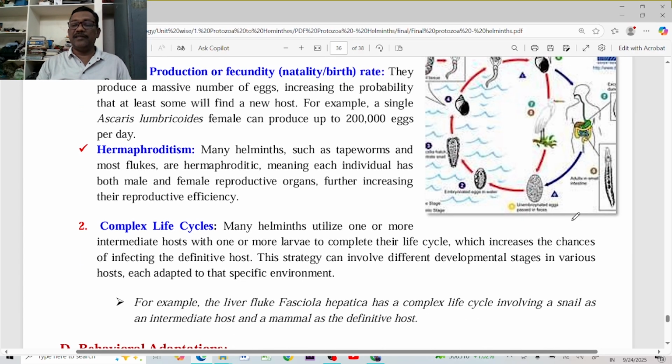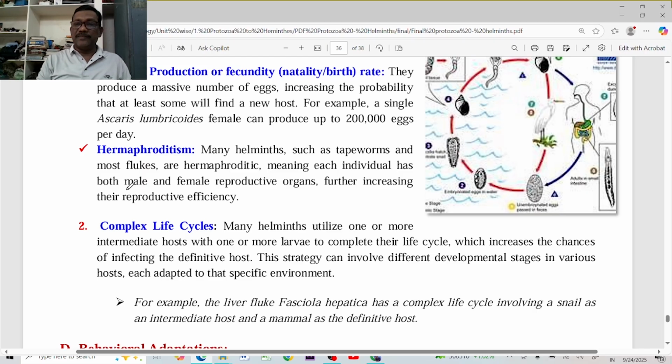Another adaptation in these platyhelminthes especially is hermaphroditism. Bisexual hermaphroditism is nothing but male and female reproductive organs being present in one animal. If one animal has both male and female reproductive organs, sperm cells and egg cells are produced by the same organism and self-fertilization takes place.